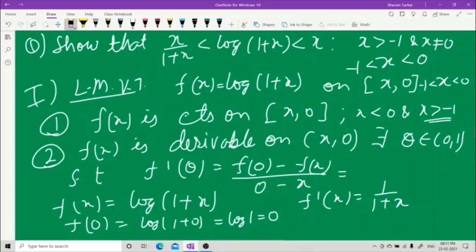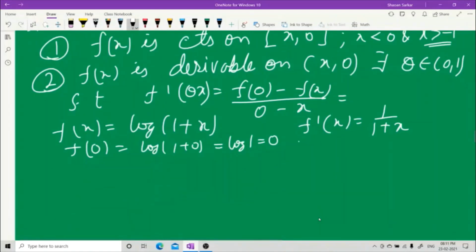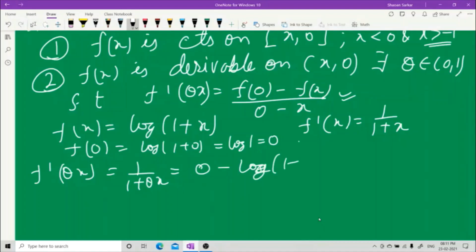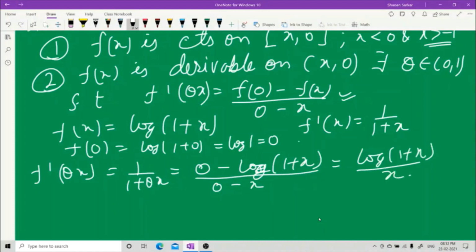And then f dash theta x, sorry, I made a mistake here. f dash theta x is equal to 1 over 1 plus theta x, which equals f of 0 minus f of x upon 0 minus x, that is 0 minus log 1 plus x upon 0 minus x, nothing but log 1 plus x upon x.